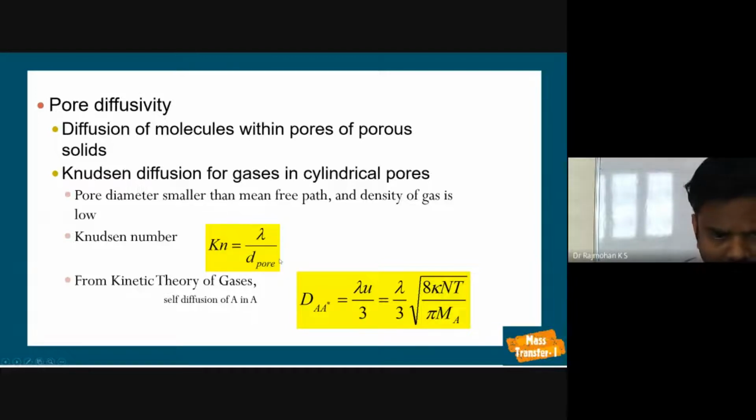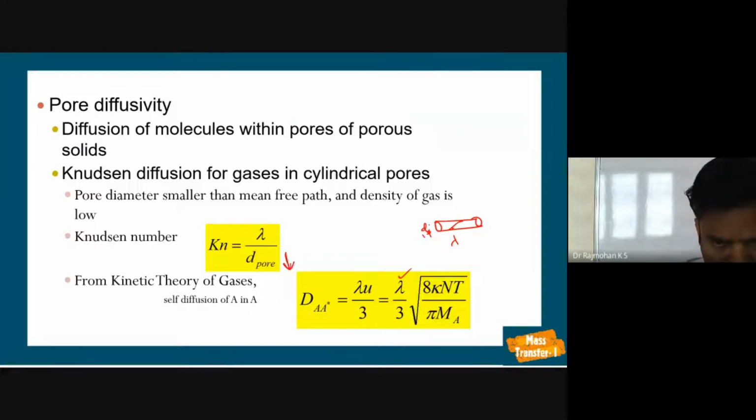So obviously, when the diameter of the pore is less, we get the Knudsen number increasing, right? The lambda is fixed for a particular material, given from your kinetic theories. So what will happen when the diameter of the pore is reducing?